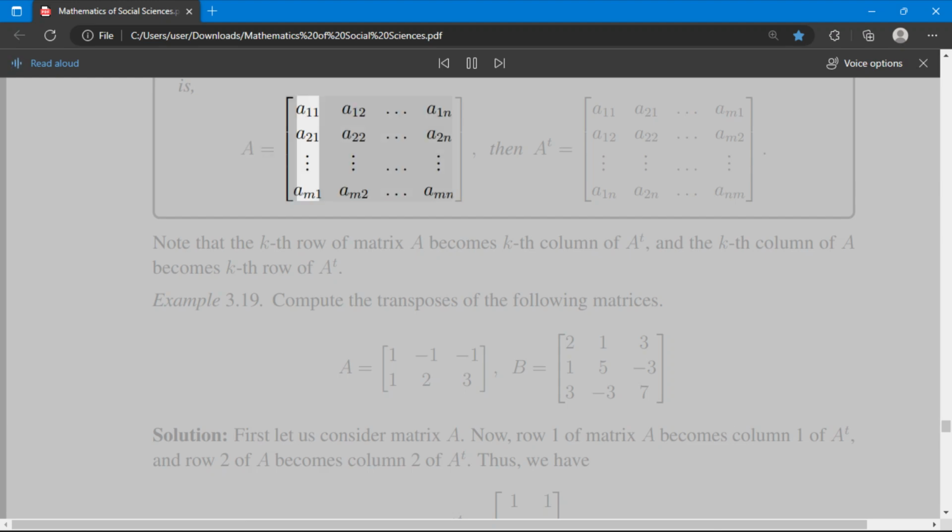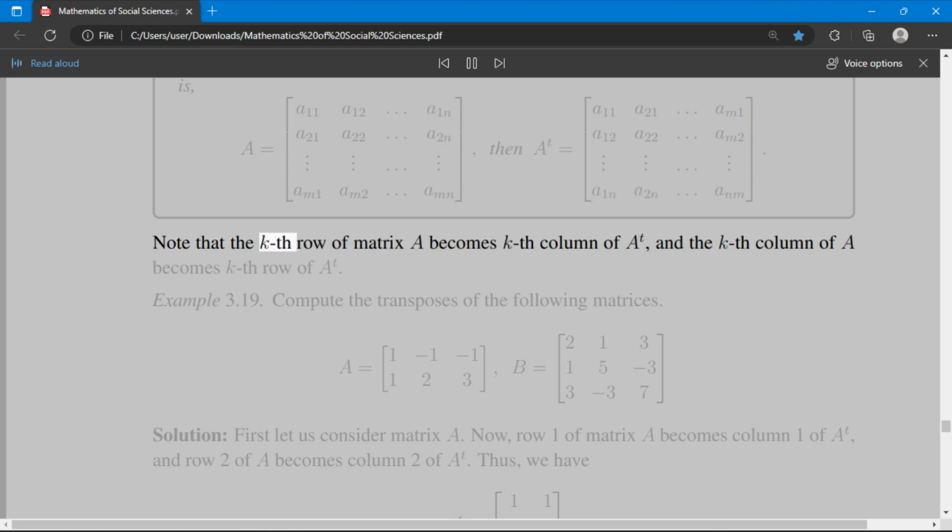That is, A = [a11 a12 ... a1n; a21 a22 ... a2n; ...; am1 am2 ... amn]. Then A transpose = [a11 a21 ... am1; a12 a22 ... am2; ...; a1n a2n ... amn].